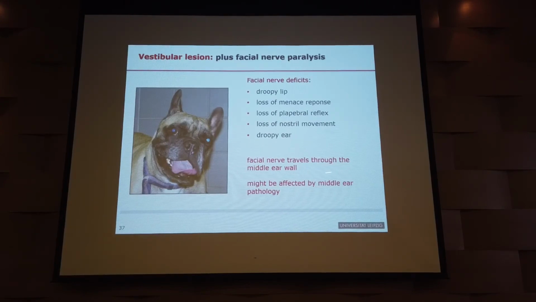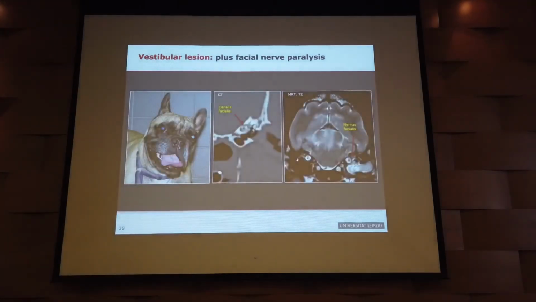The facial nerve travels through the wall of the middle ear. So if you have ear disease that is severe enough, it may actually affect the facial nerve. And here's the image to illustrate that. That's a computer tomographic image. Here is an MRI. It's a transverse image.